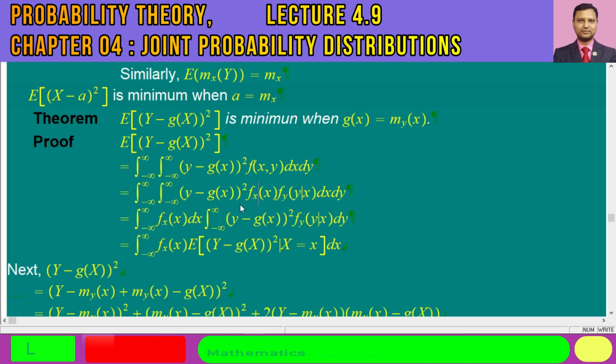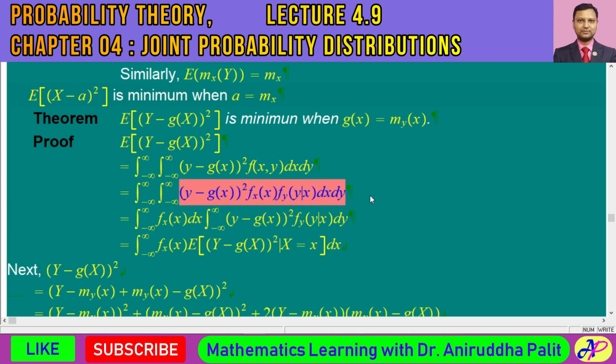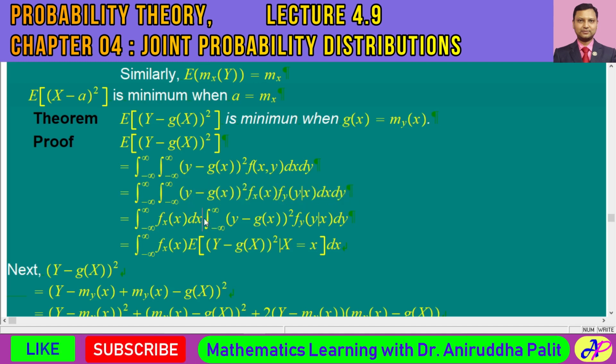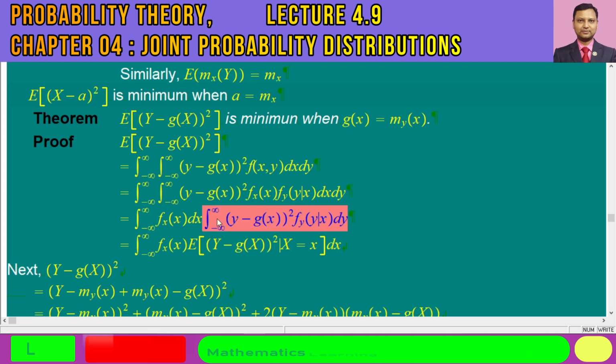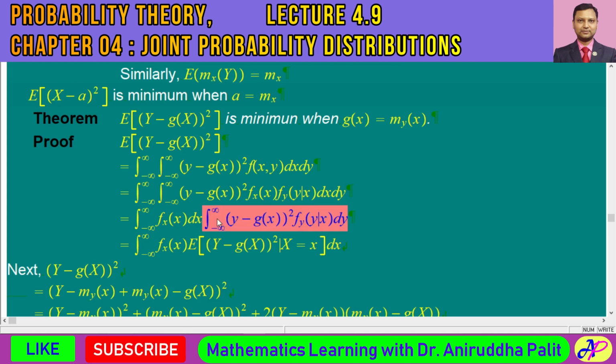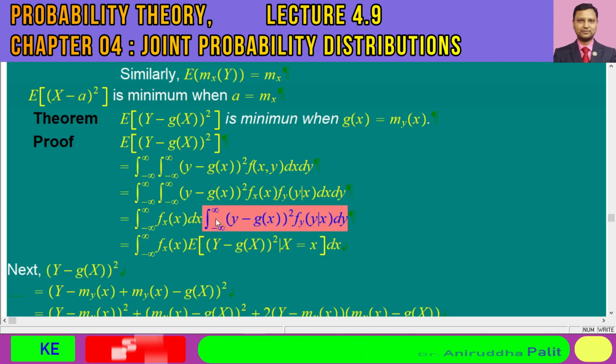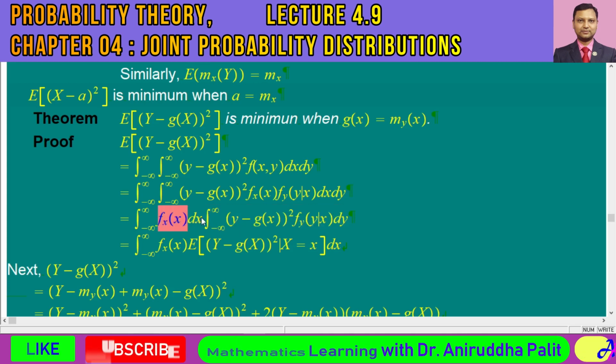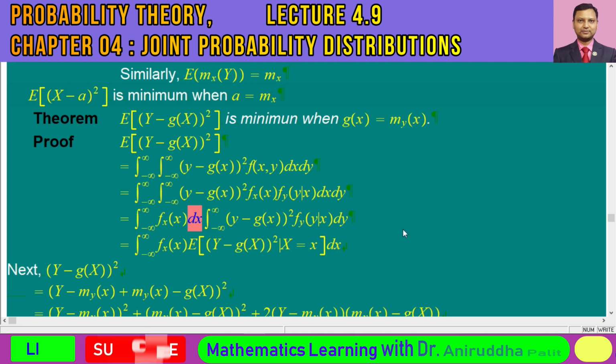And this type of integral can be written as the integral of (y minus g(x)) whole square multiplied by this conditional density function, integrated with respect to y, and after that whatever we shall get, that should be a function of x. That should be multiplied by f(x), and then integrated with respect to x.